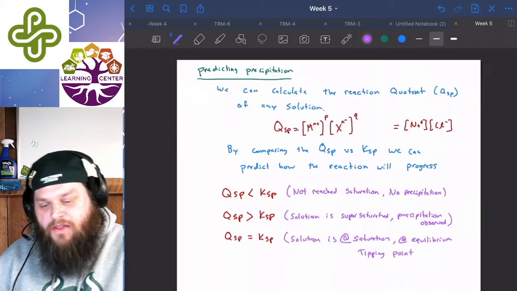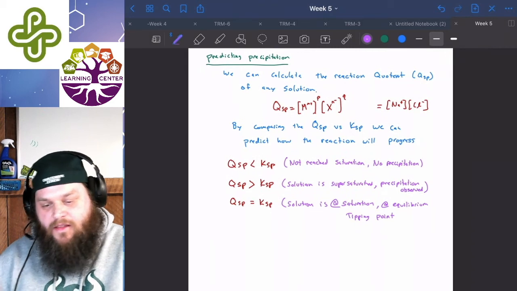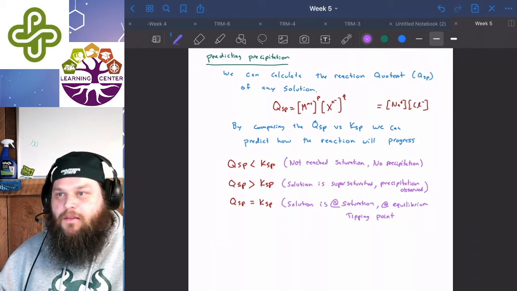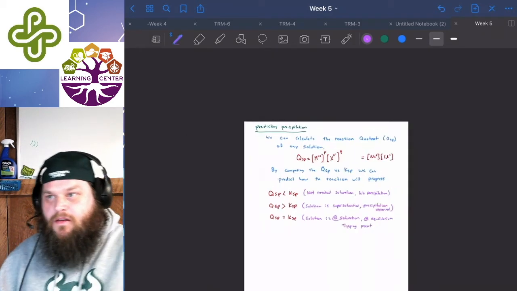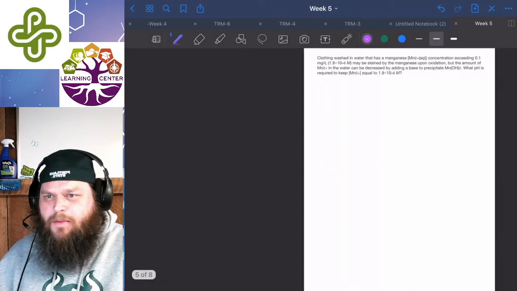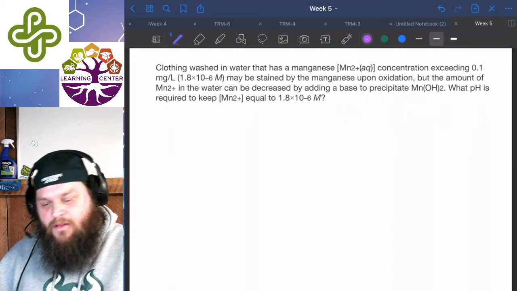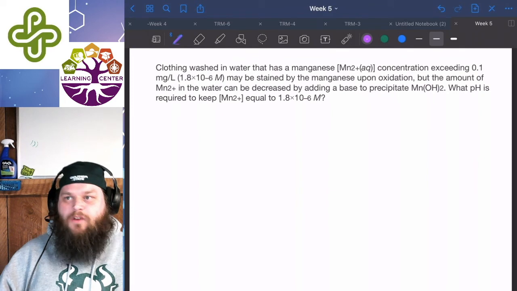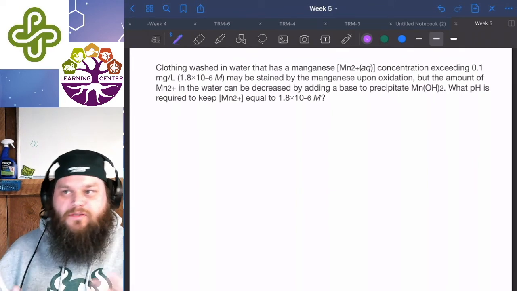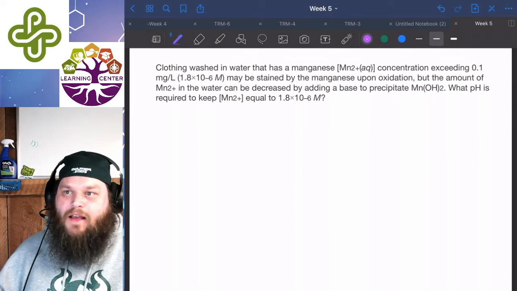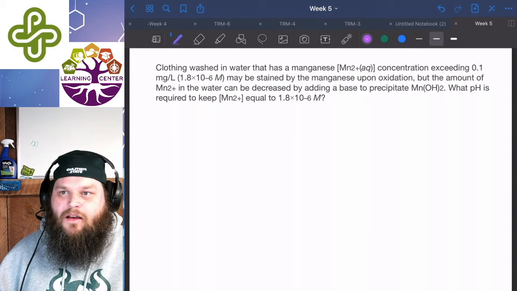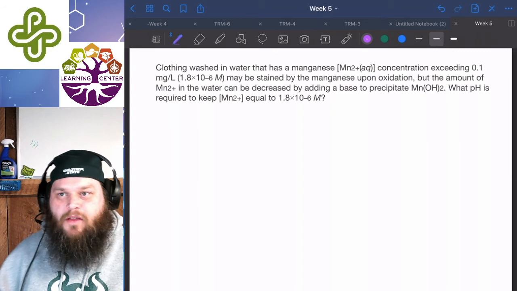So let's try this concept out using the general idea, comparing these values for a problem. I guess we're not really going to compare them, but we're going to use that idea here. So here we have clothes that are washed in water, and it has manganese ions in there, Mn 2+.